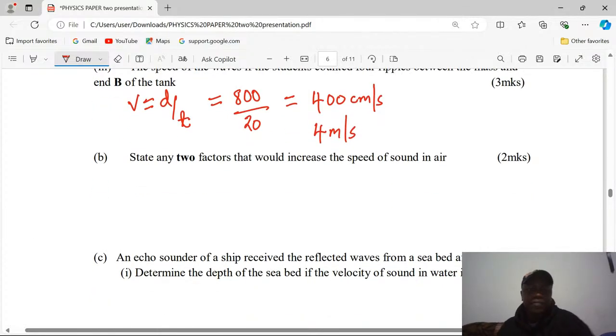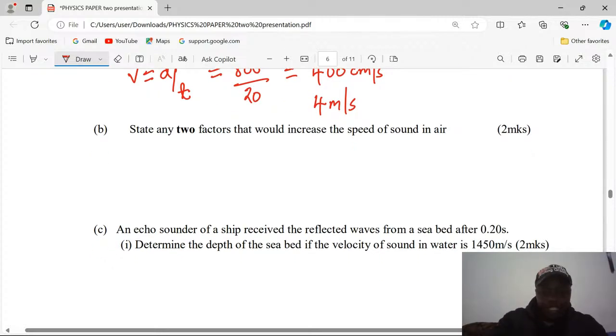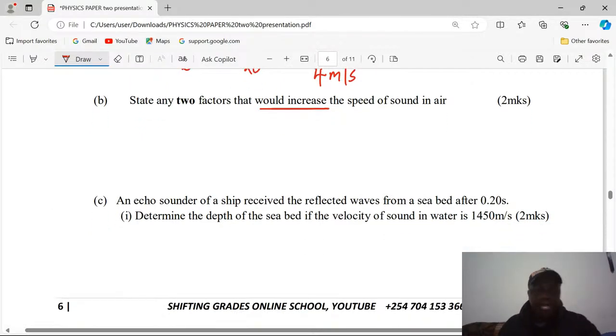State any 2 factors that would increase the speed of sound in air. We are talking specifically about increase. Generally there are factors affecting the speed of sound, but now we are categorically talking about increasing the speed.